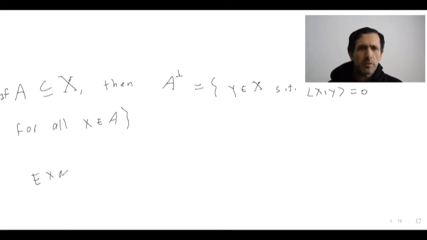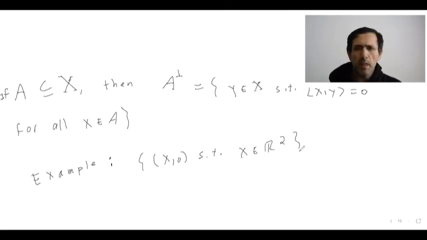So an easy example is the following. Well, let's look at the following. In R2, just the set of all (x, 0) such that x is in R. Well, that fairly trivially is going to be, so this is basically the x-axis, right?